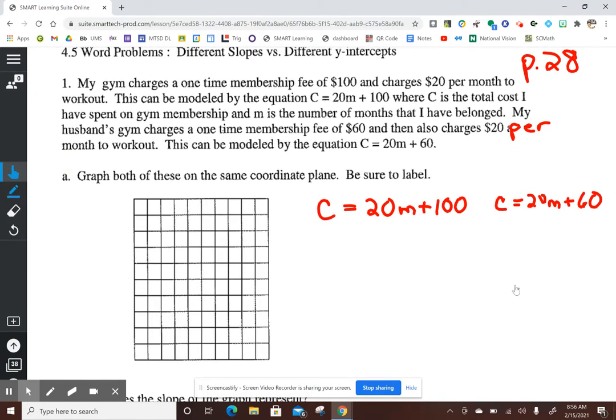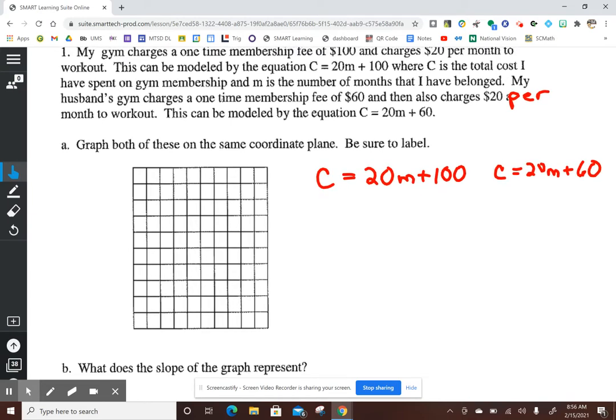Let me just move this up a little bit. Okay, so we know that C equals cost and M equals the number of months. Well, the number of months is time, and we know time always goes on the x-axis.